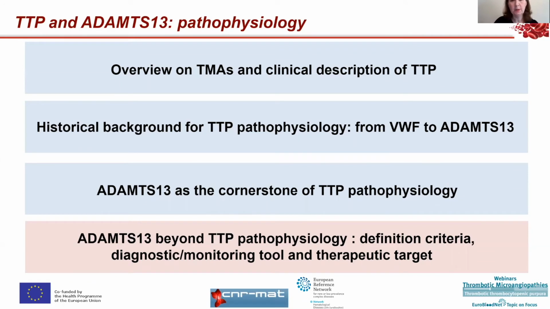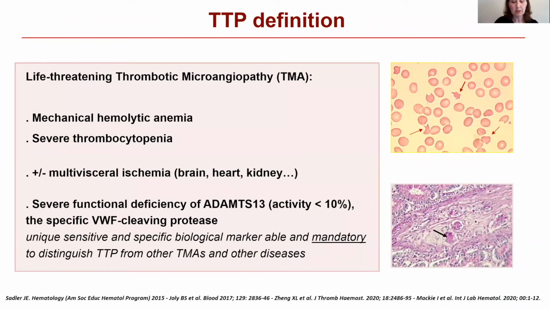Finally, beyond TTP pathophysiology, I will give some perspective on how ADAMTS13 has become not only a definition criterion for TTP, but also a diagnostic and monitoring tool and a therapeutic target. TTP initial definition included clinical criteria as a concept of a life-threatening TMA, including mechanical hemolytic anemia, severe thrombocytopenia, and multivisceral ischemia.